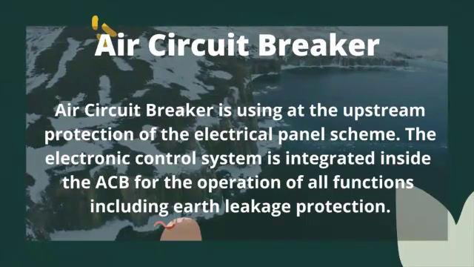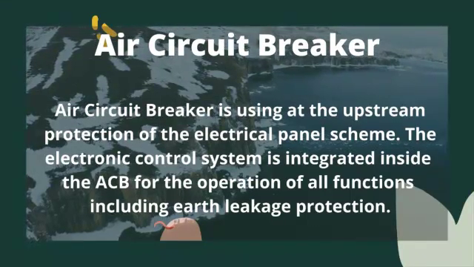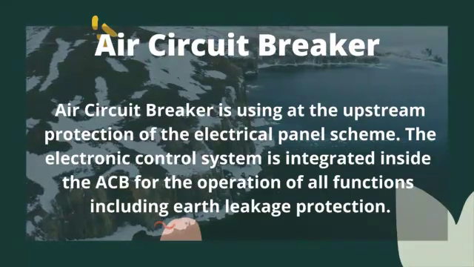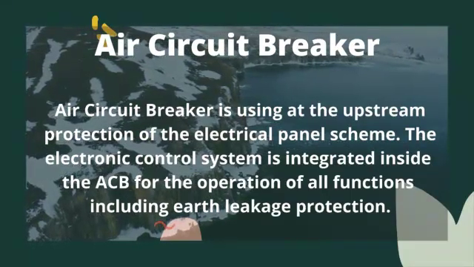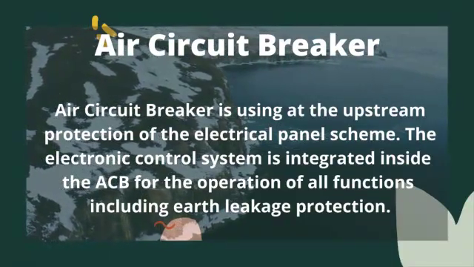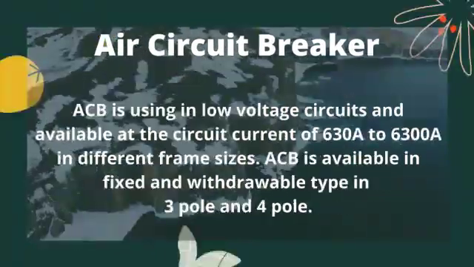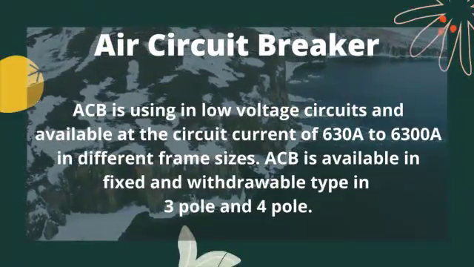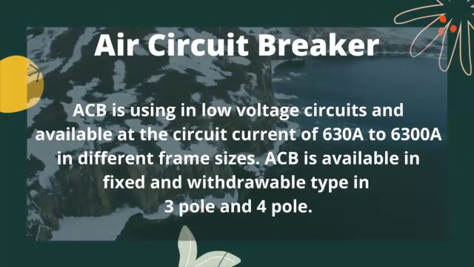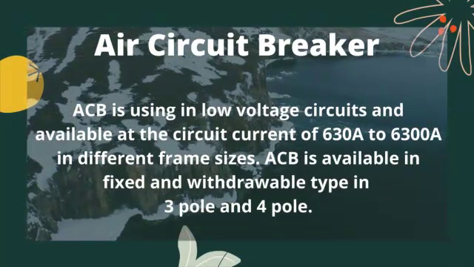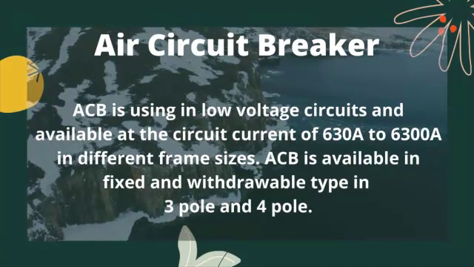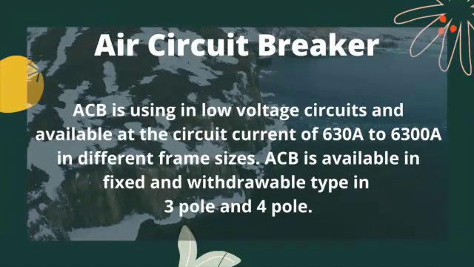The electronic control system is integrated inside the ACB for the operation of all functions including earth leakage protection. ACB is used in low voltage circuits and is available at the circuit current of 630A to 6300A in different frame sizes. ACB is available in fixed and withdraw type in 3-pole and 4 poles.